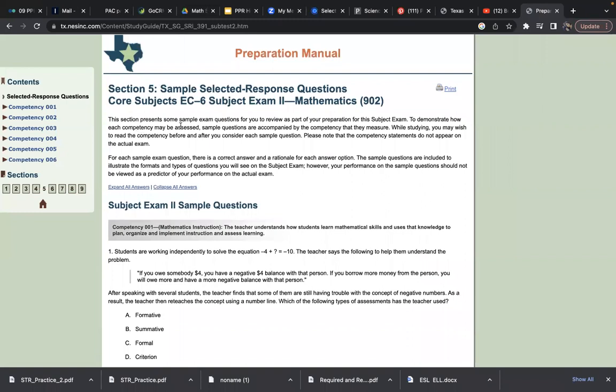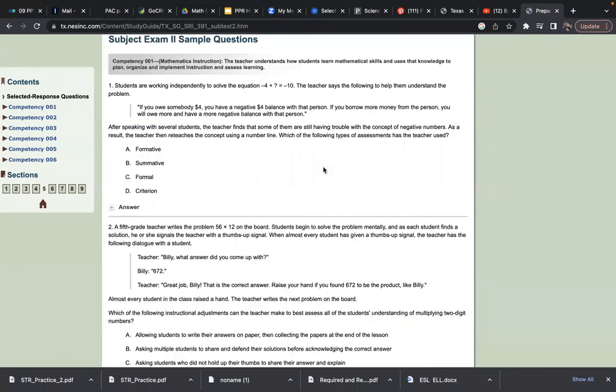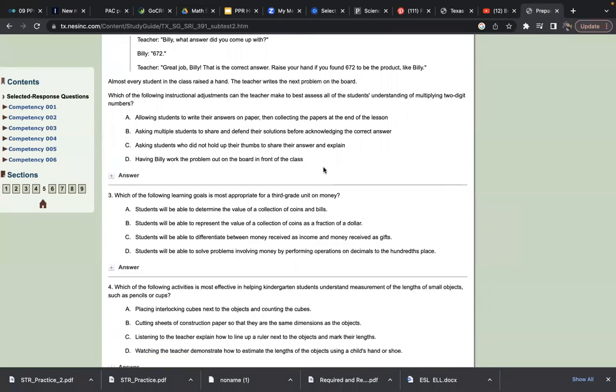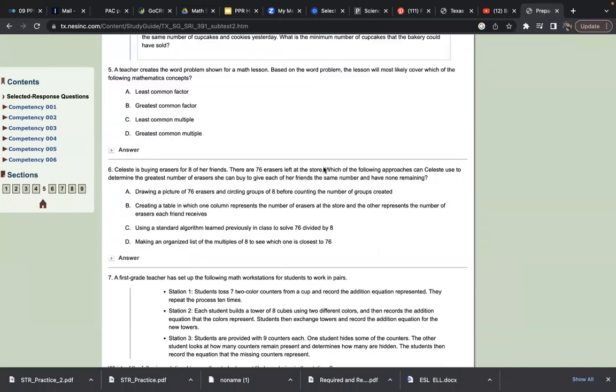Let me see the section. Because this is the sample selection and they don't give it to you here.